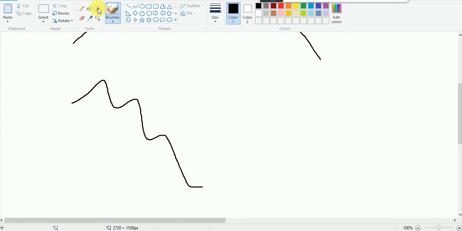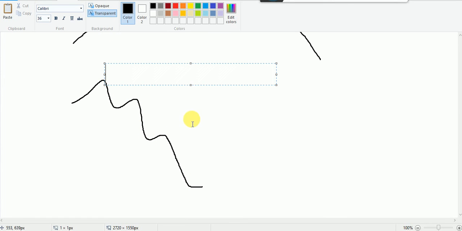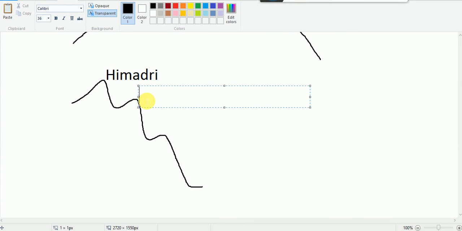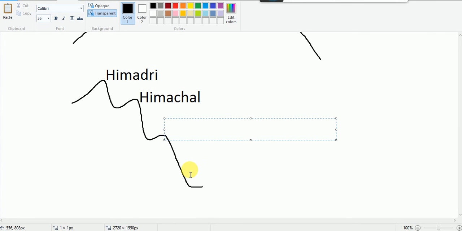This is Himadri, and next we have Himachal, and this is the southernmost one. The southernmost one is known as Shivalik.